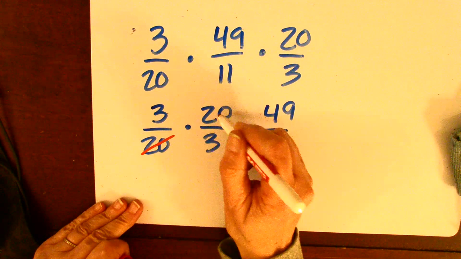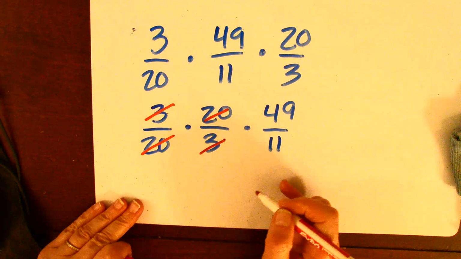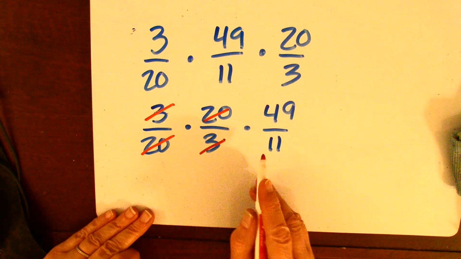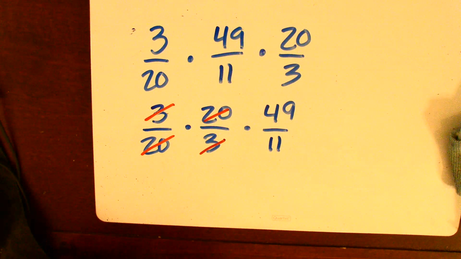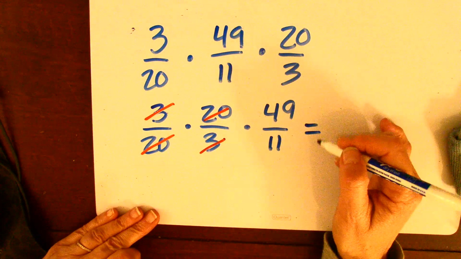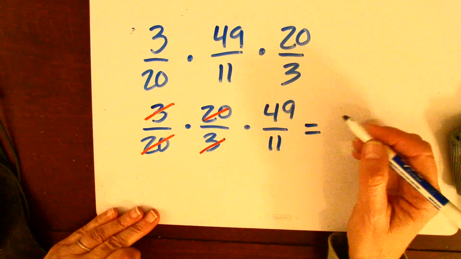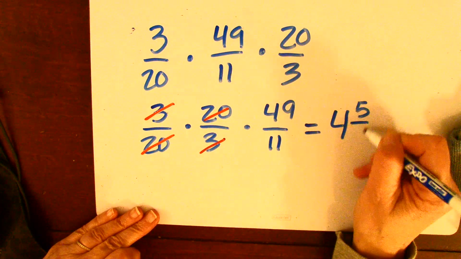These are going to cancel. 1 over 1 is the same thing as 1. 1 times 49/11ths is 49/11ths. So if I were to change it to a mixed number, this becomes 4 and 5/11ths.